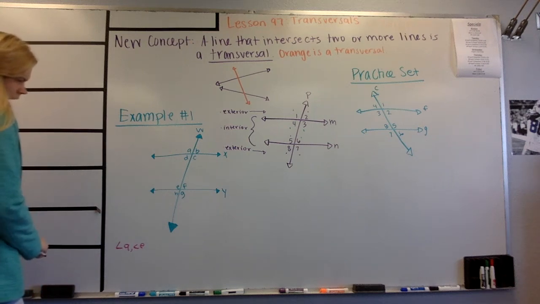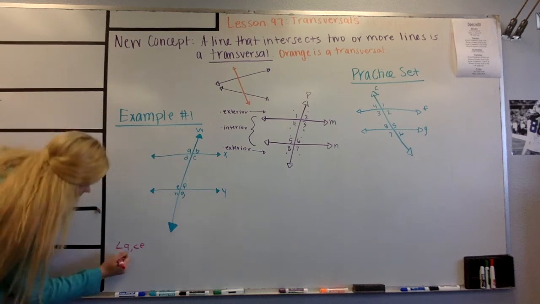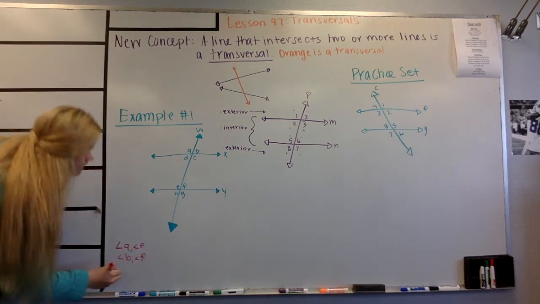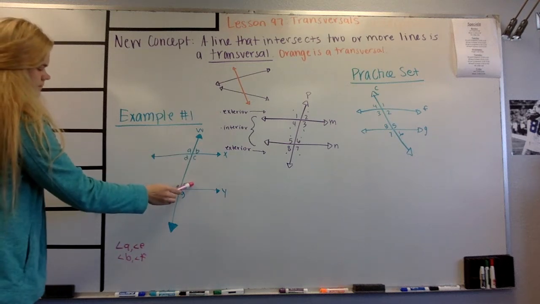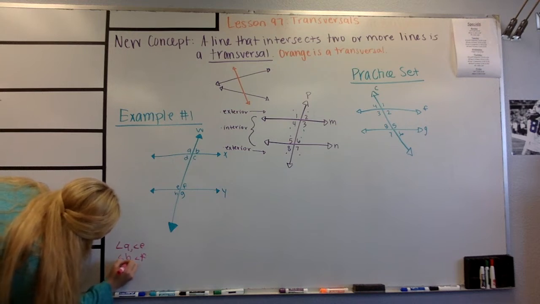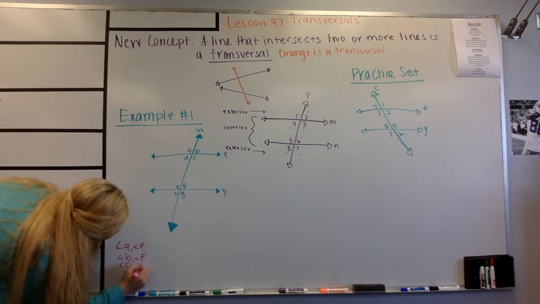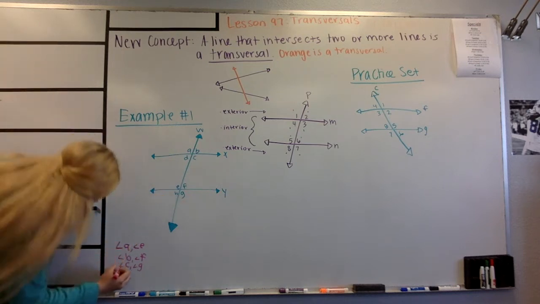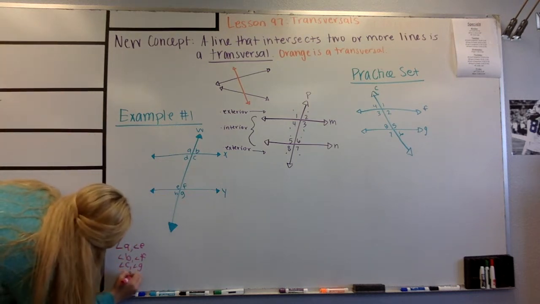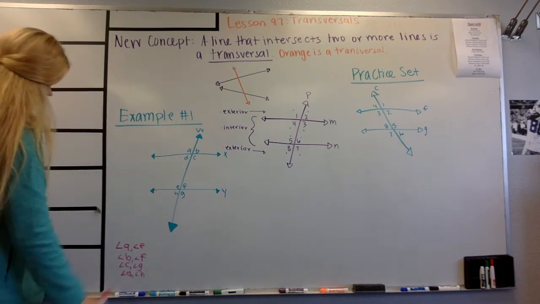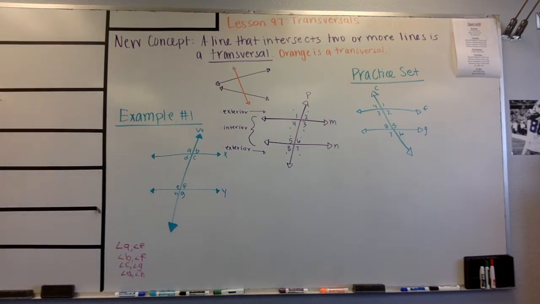And we have angle B and angle F. Again, same size, B and F. Then we have angle C and angle G. Perfect. And our last one on that is angle D and angle H. Generally it's an inside and an outside that corresponds to each other.